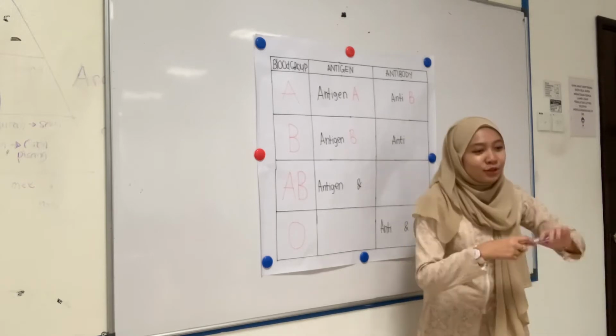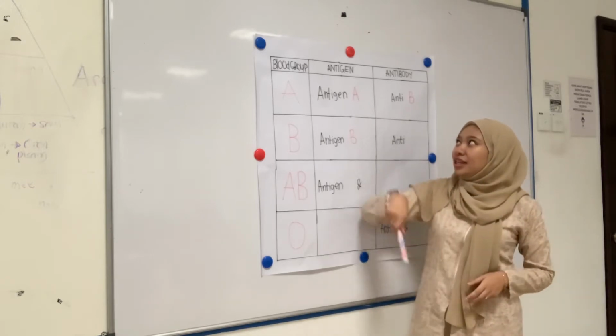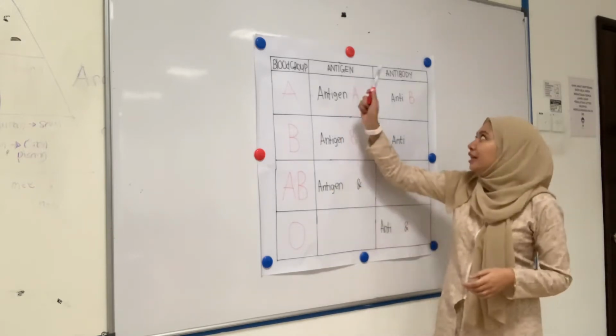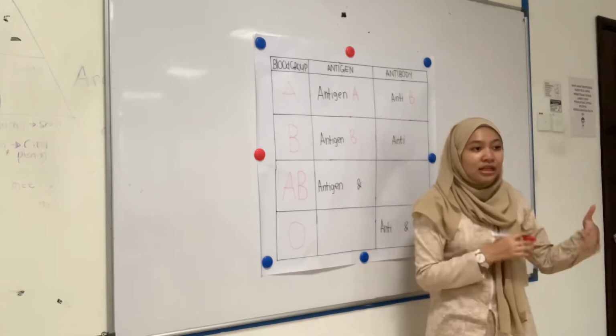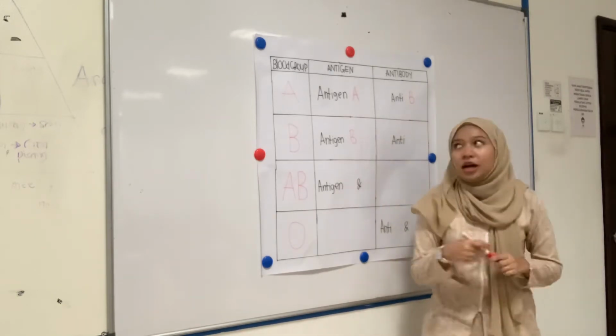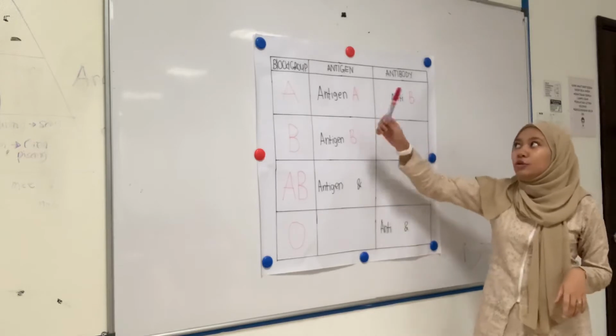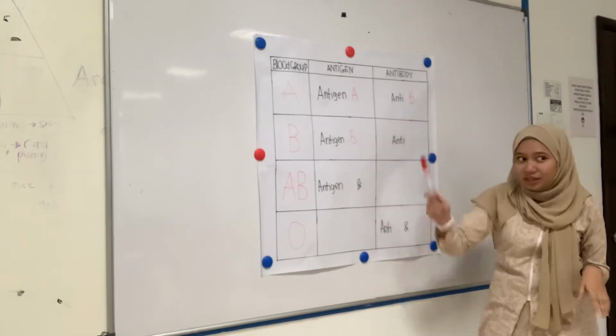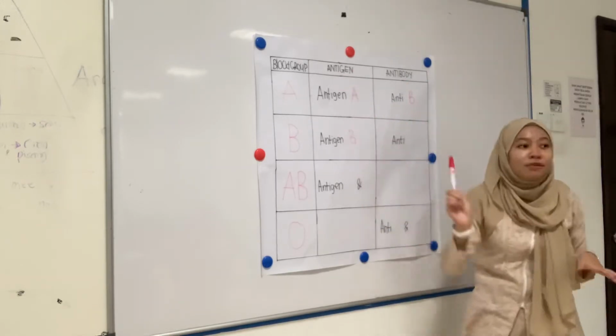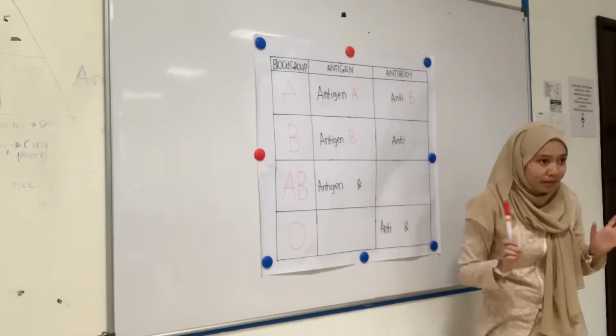Alright students, now we are going to learn about blood group, which is about the antigen and antibody contained in the blood. The first thing is that you have to know what is antigen and what is antibody. Antigen can be found on the surface of the red blood cells.